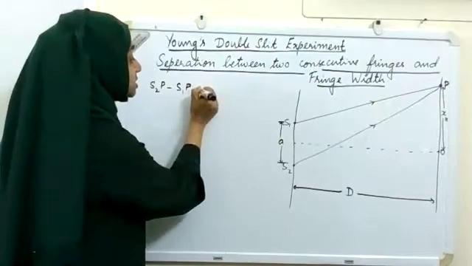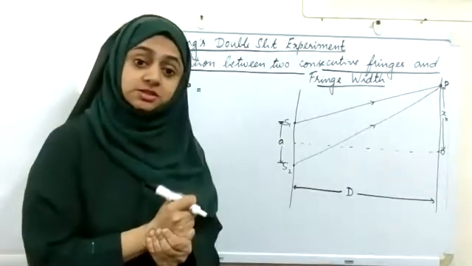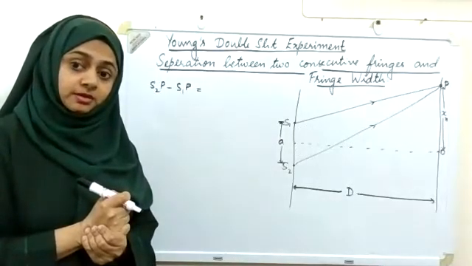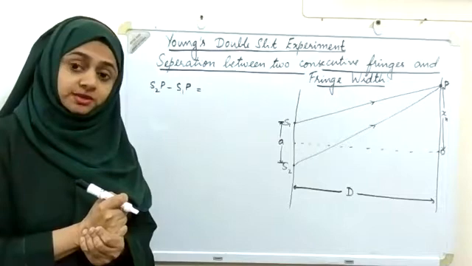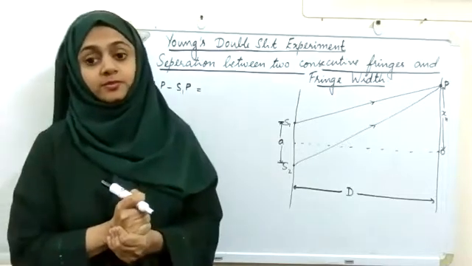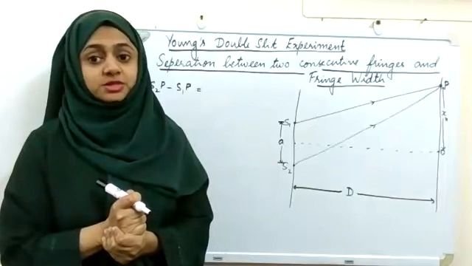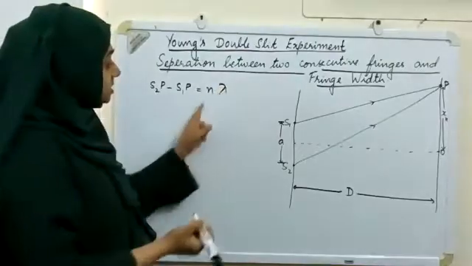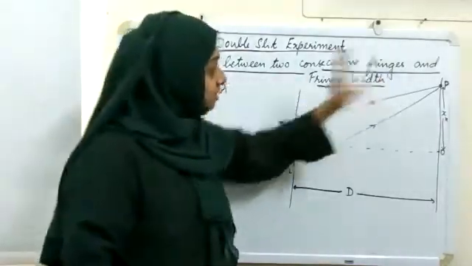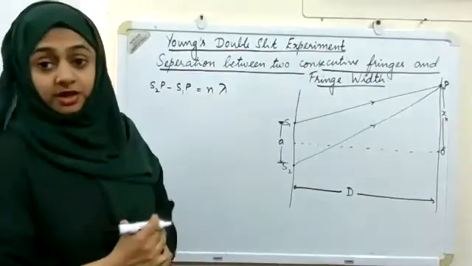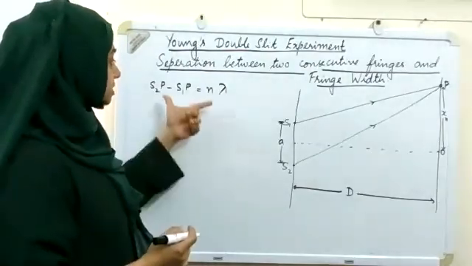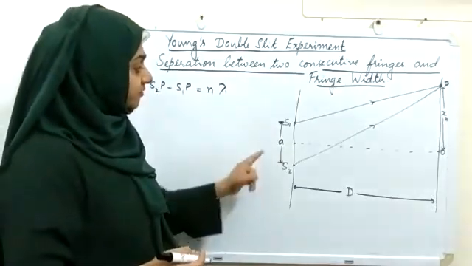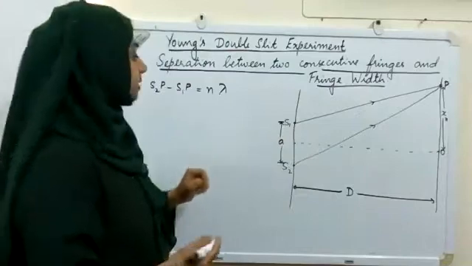And what is the condition for constructive interference? Yesterday we derived this equation. The path difference is equal to n lambda, where n is the order. So if it is the nth bright fringe, the path difference will be n lambda. We assume that at P we have a bright fringe. Now, what is the path difference? It is S2P minus S1P, right?